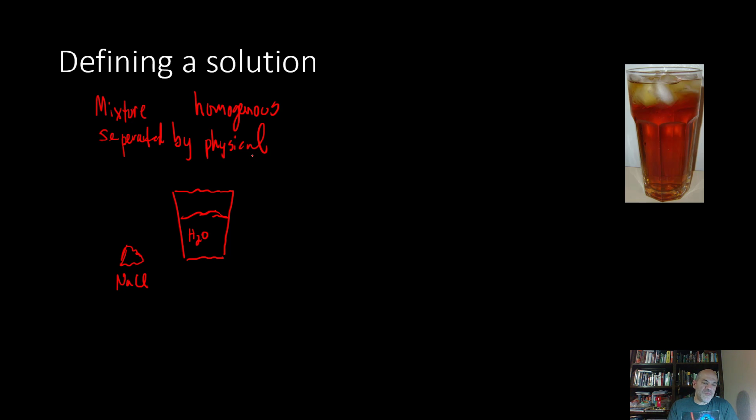So what we have here is when we do put the salt in there, okay, we add the sodium chloride to the water, we're going to get what is called a solution. Okay. So what is a solution? A solution is going to be the water and the sodium chloride.